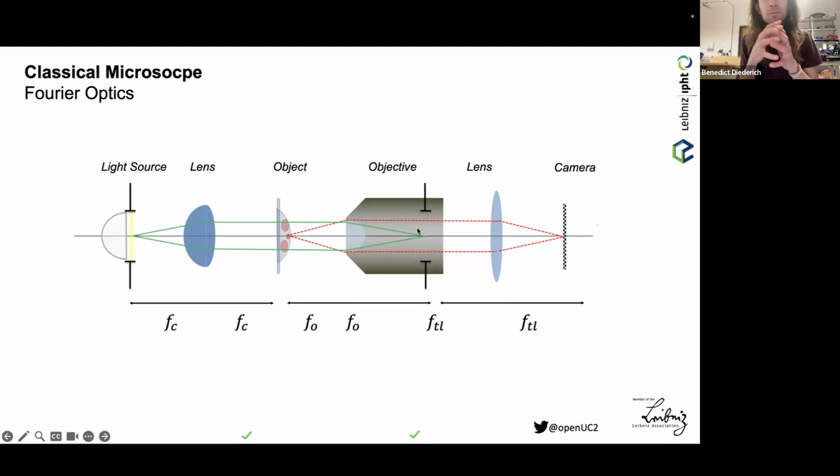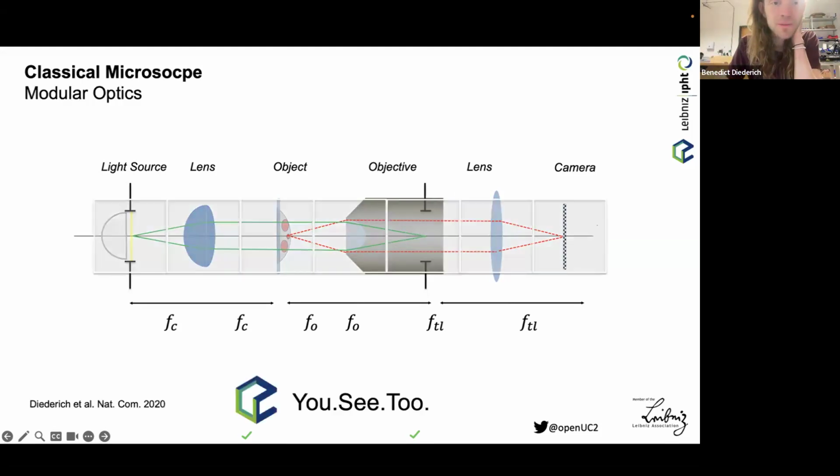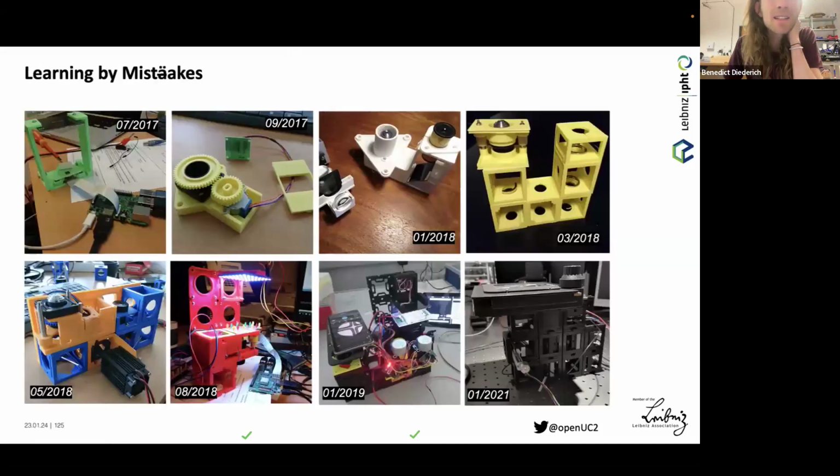So you can modularize your system already, and what we essentially did with UC2 is build little boxes around it. That's it, and there's a story behind it. We did not start with cubes in the first place. It was a long iterative process. Somebody wanted a small system where you can image cells in incubators.